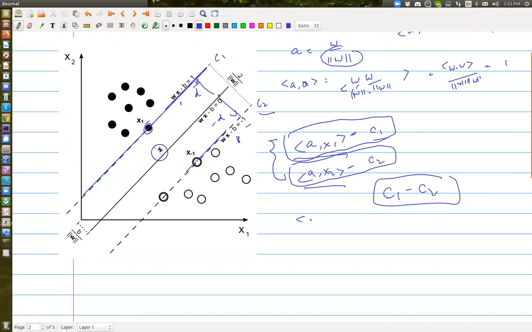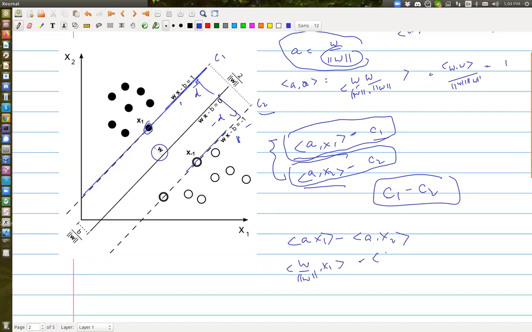It's just a x1. By the way, I have a equal to this, so it's a x1 minus a x2. But a is equal to w over the norm of w.